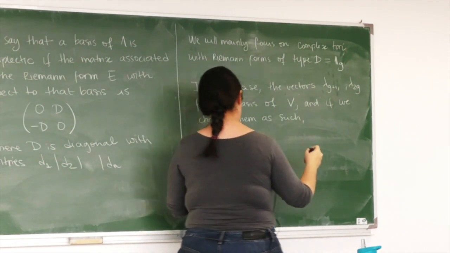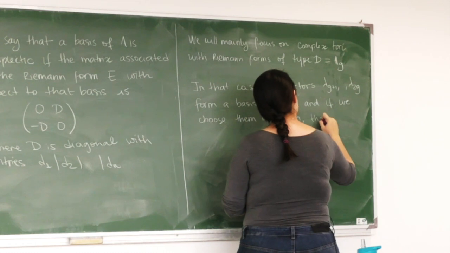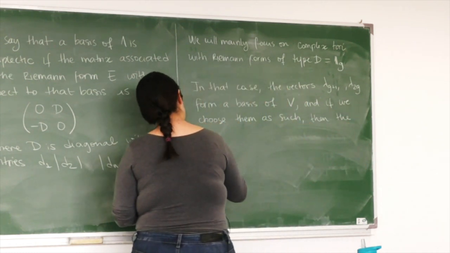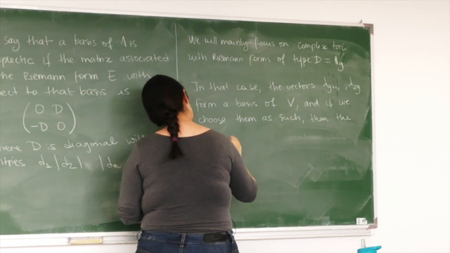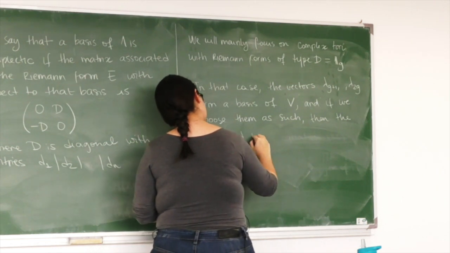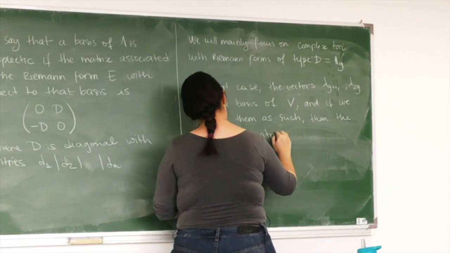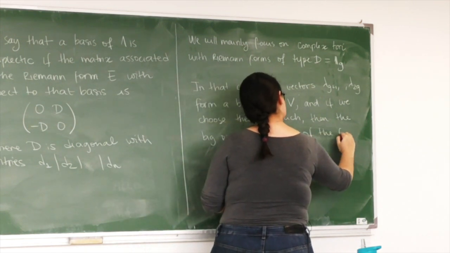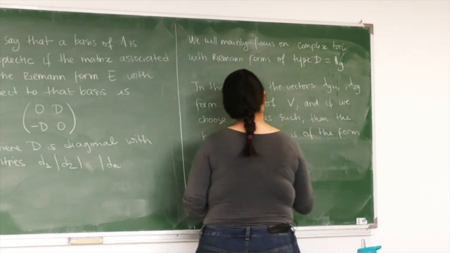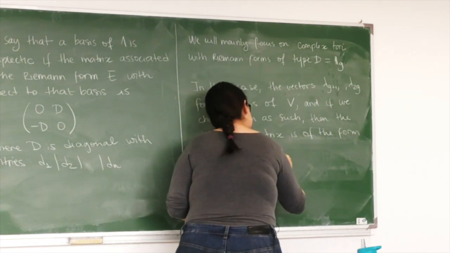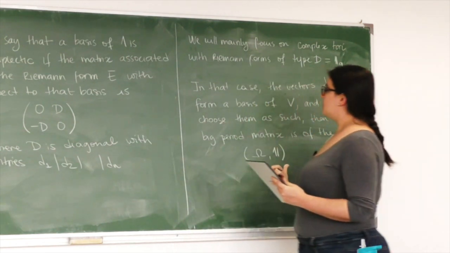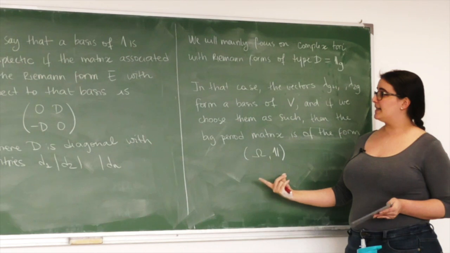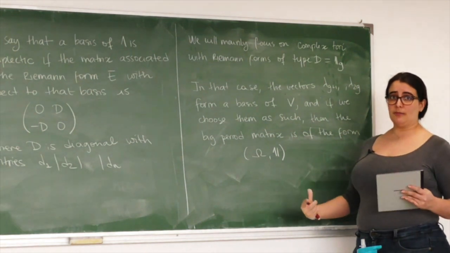then the big period matrix is of the form omega identity, because remember that the big period matrix, we obtained it by writing the basis of the lattice in terms of the basis of the complex vector space.